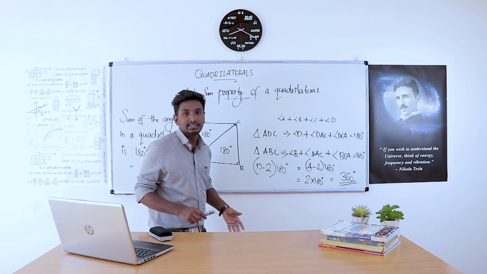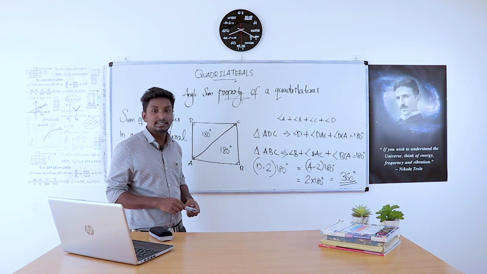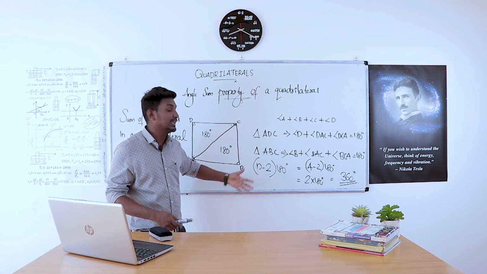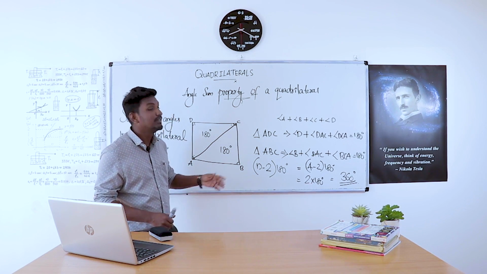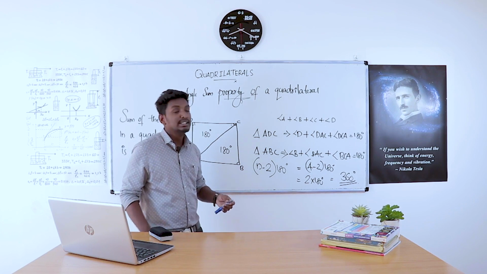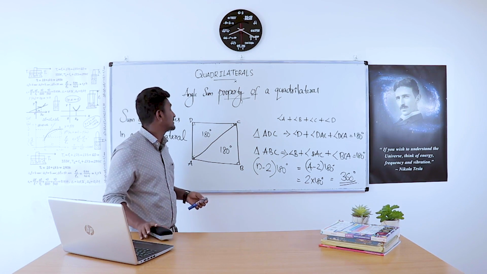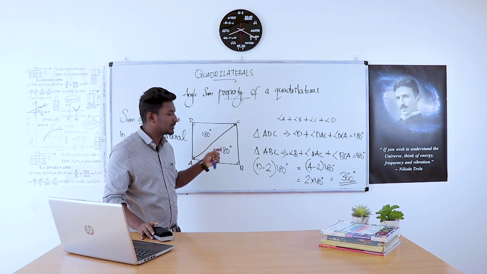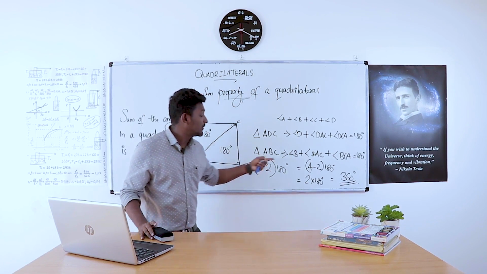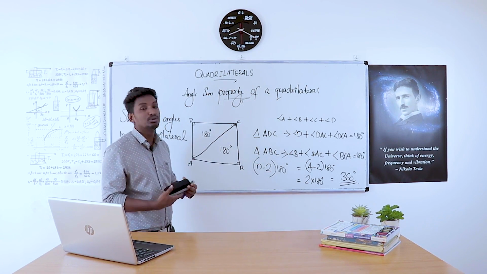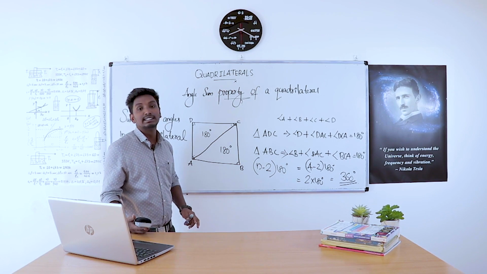The second method is using the equation (n minus 2) times 180 degrees, where n is the number of sides. For a quadrilateral, the number of sides is 4. So (4 minus 2) times 180 degrees is 2 times 180 degrees, which becomes 360 degrees.